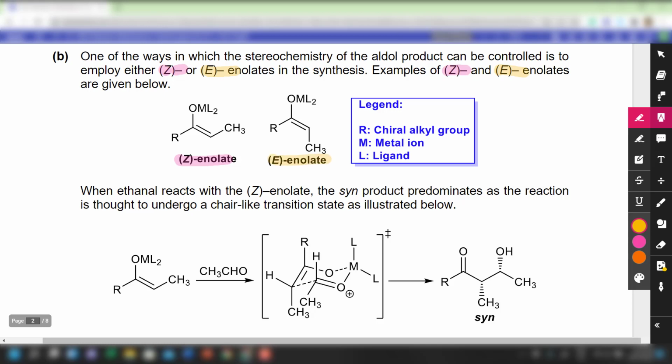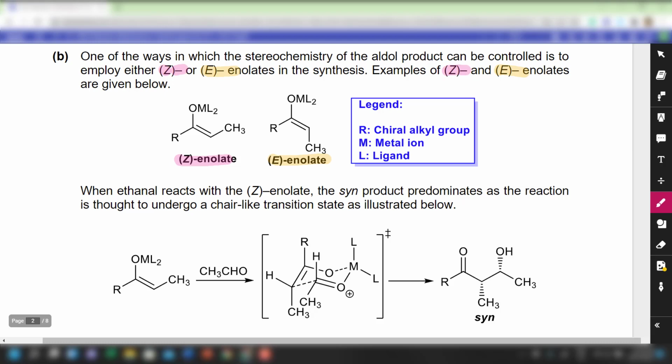Okay, and then you were given some details like R is a chiral alkyl group. That means that the transition state is likely to be diastereomeric because the chirality is predefined. M is a metal ion and L is what we call ligands. I know ligand is not something which you have learned before, but you would have heard about it in the course of your qualitative analysis practicals.